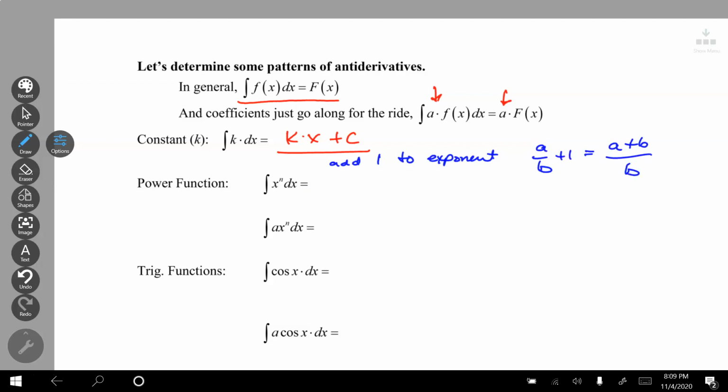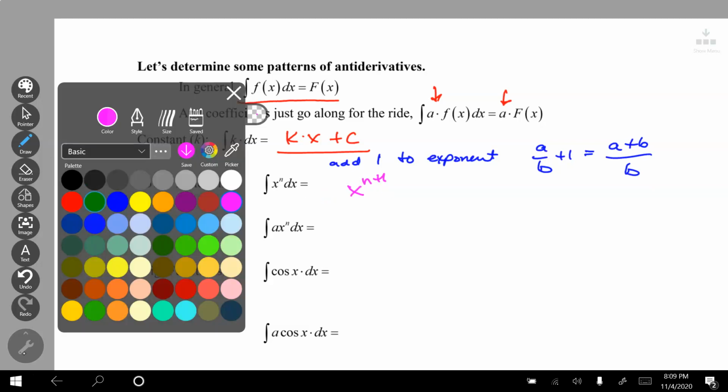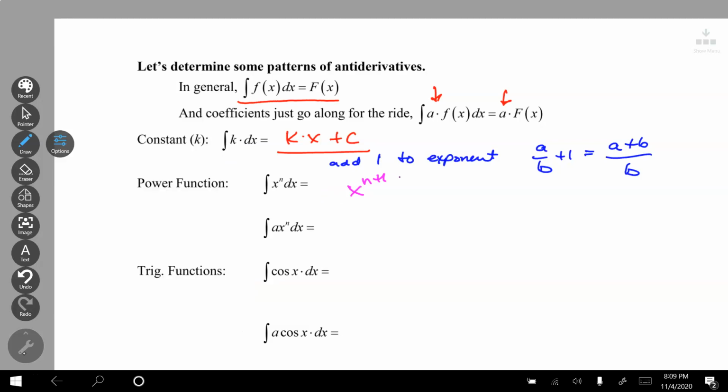So the idea here is going to be x to the n plus 1, but then I need something in front of it, and what I need to do is use the reciprocal of the exponent. So this reciprocal is 1 over n plus 1. And don't forget your plus c. You always need the plus c.